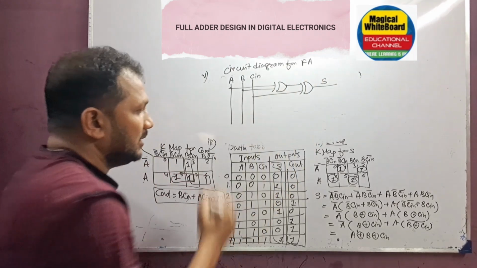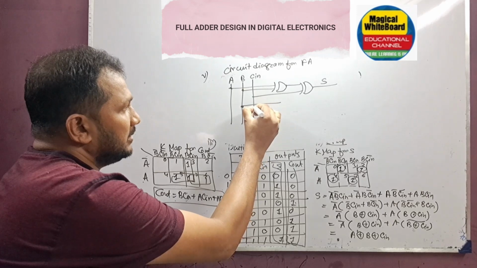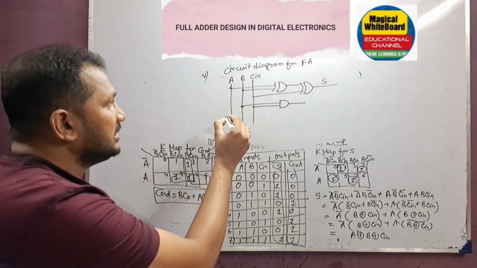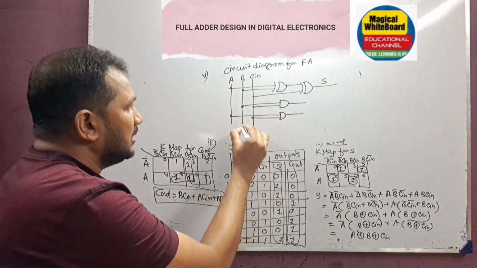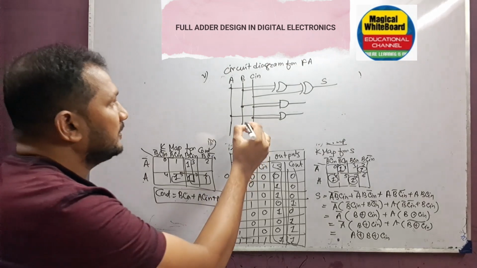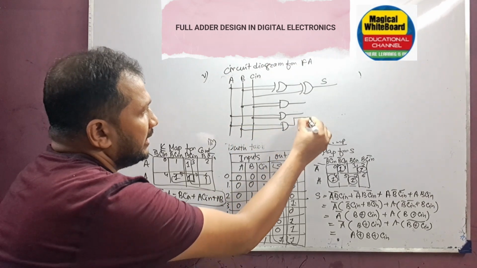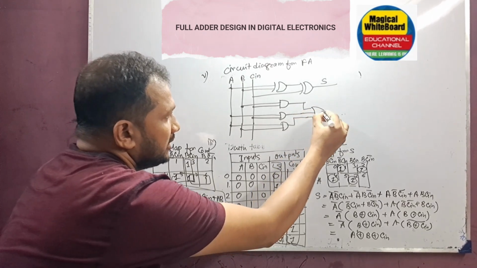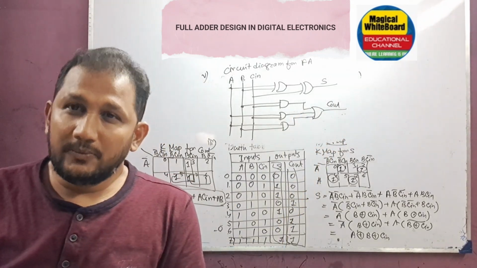This is the sum. For the carry out, BCin, we perform an AND gate on B and Cin. Next one is ACin, taking A and Cin in an AND gate, and the third one is AB, taking A and B. So these are the three AND gates. Finally we combine those AND gates to get the result of Cout. So this is the circuit diagram for the full adder circuit.